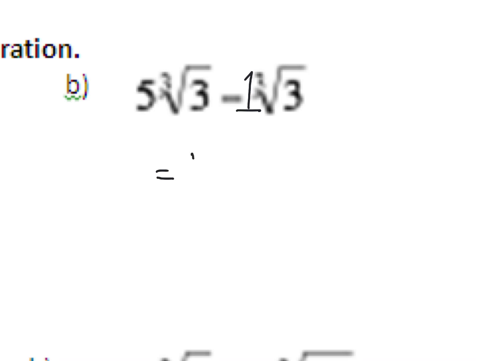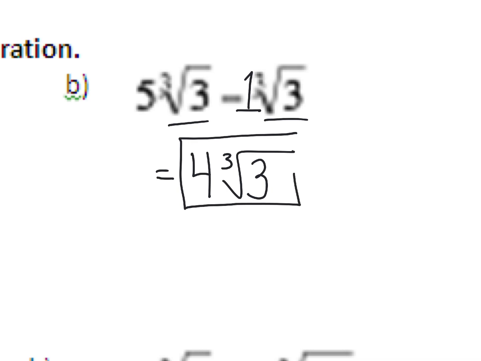And yes, thank you, that's better. So I'd have 4 cube roots of 3 left over. Again, if you're not a fan, you can pull the cube root of 3 out. But literally, you're just combining like radicals. The cube root of 3 is like x. You're doing 5x minus 1x. You'd have 4x. Well, x in this case is the cube root of 3.